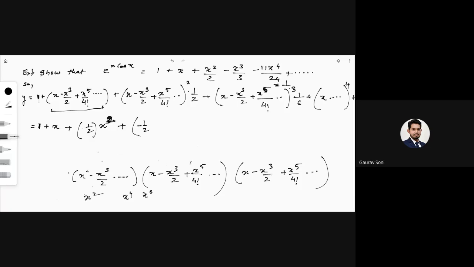Now x cube, how am I going to get it? When this x will be multiplied to this and this. When these three terms get multiplied, I'll get x cube. No other way I can get x cube. So when these three terms are multiplied, the coefficient will be 1 by 6, plus 1 by 6 x cube.